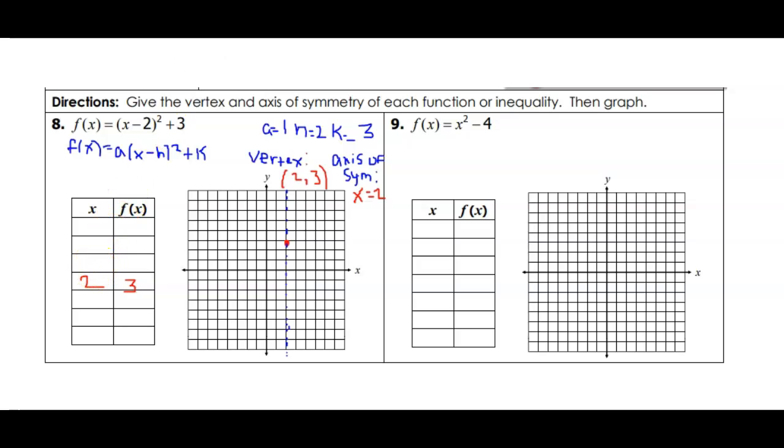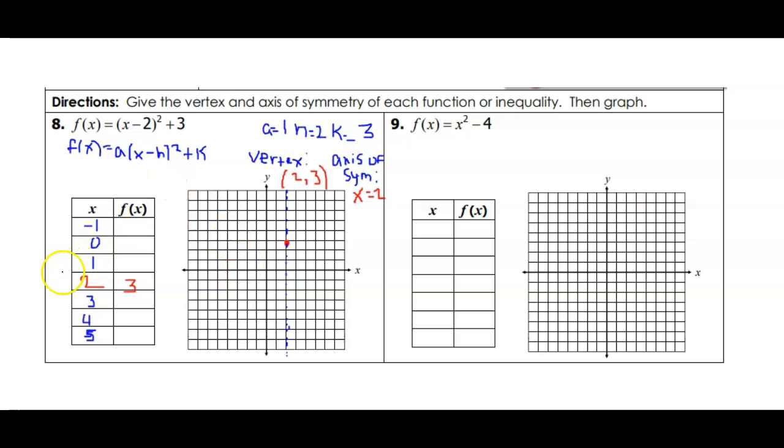Miss Bennett started writing a negative. But when x equals 1, when x equals 0, and when x equals negative 1, all right? I know that since it's symmetric, it should match up with my values when x equals 3, when x equals 4, and when x equals 5. So I only need to do one side. I don't need to do both.